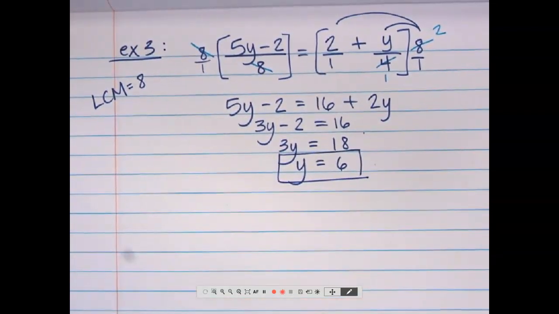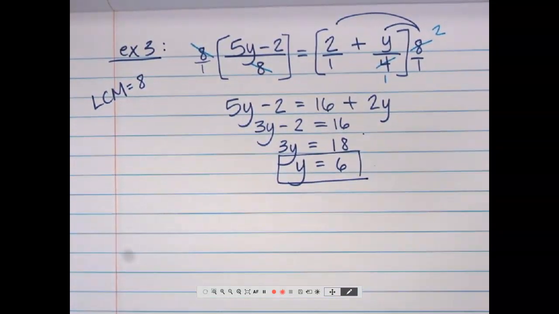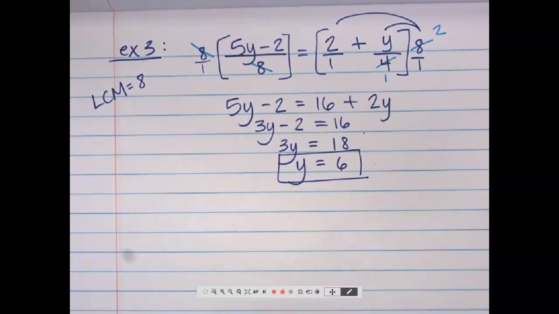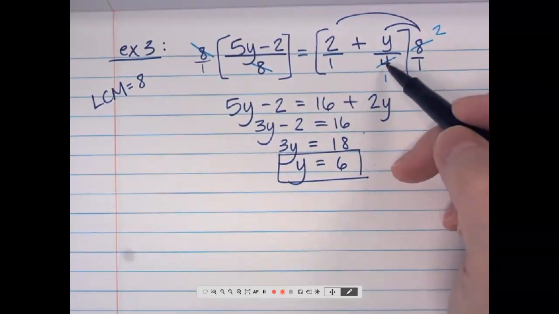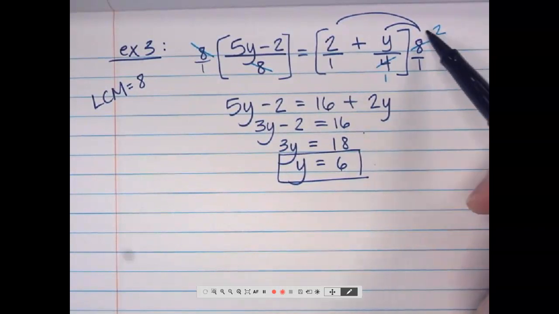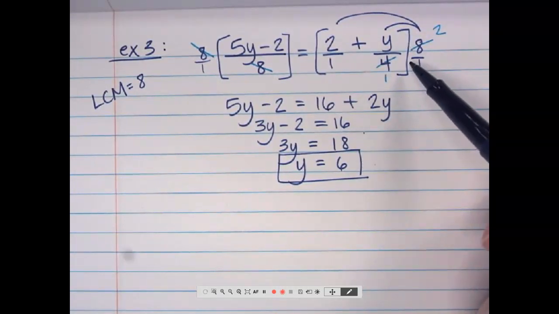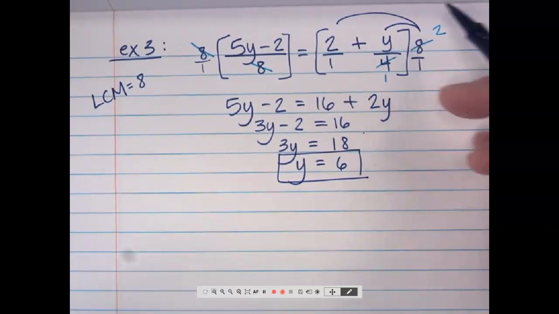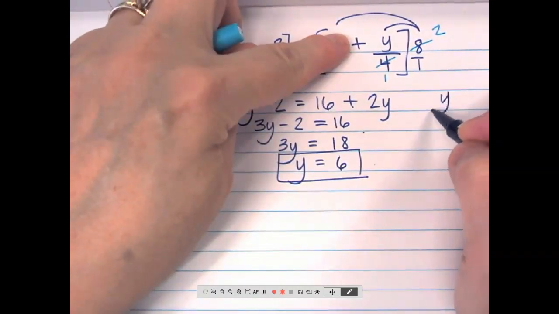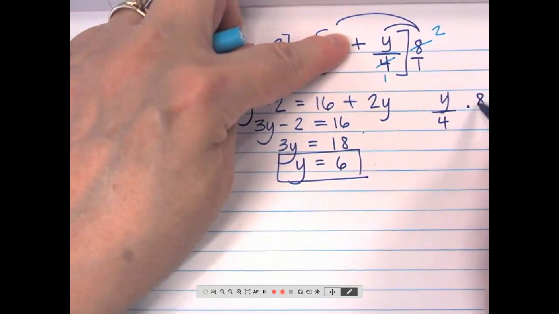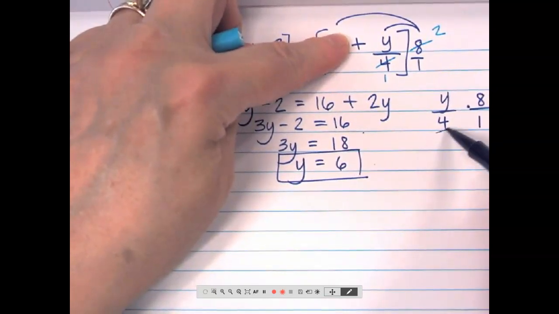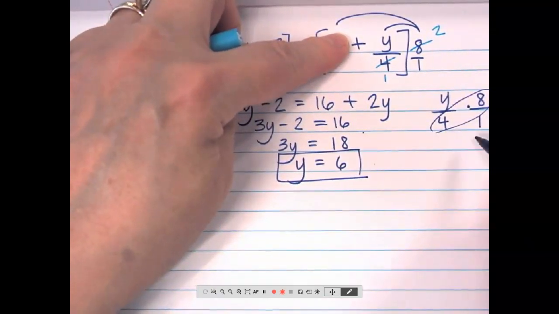When you get your answer, check up here. Why did you take the 4 out after you distributed it to 2? This 4 here? Why did you multiply the 8 by the 2 and then why didn't you do the 4? So this right here is really y over 4 times 8 over 1. And so I just reduced that fraction and made it a 2.